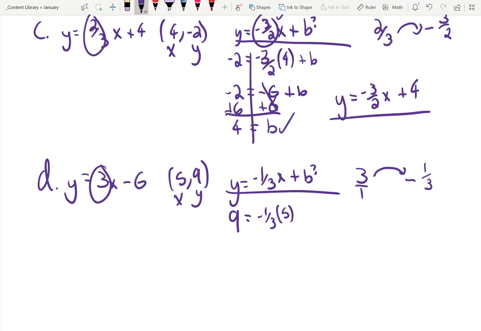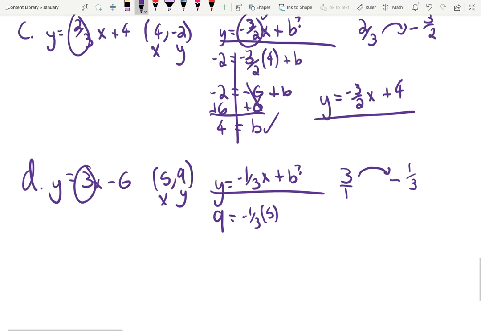I feel like I did something wrong there. I think it's supposed to be a 6. Oh well, I told you to pause it, so we'll do it this way. I think our answer will be a fraction, but it's okay. So maybe not the best one to try and do on your own. This would be 9 equals -5/3 plus b.